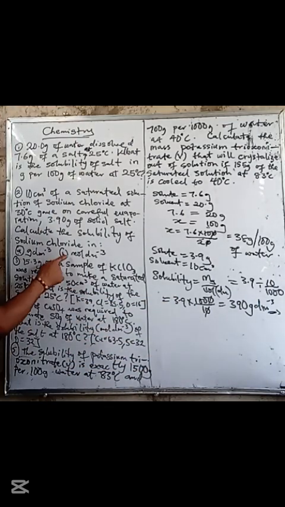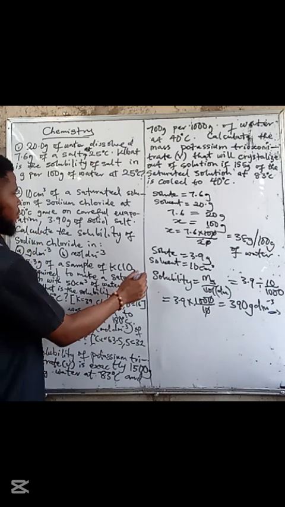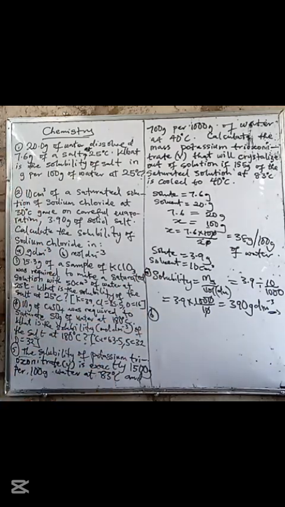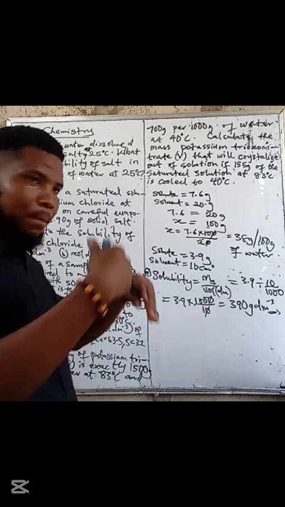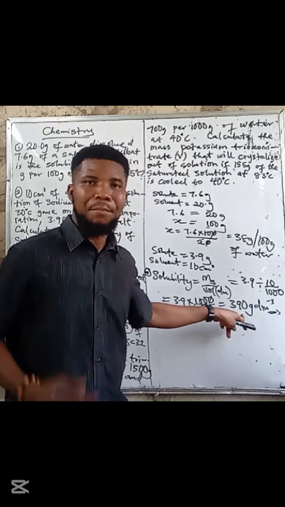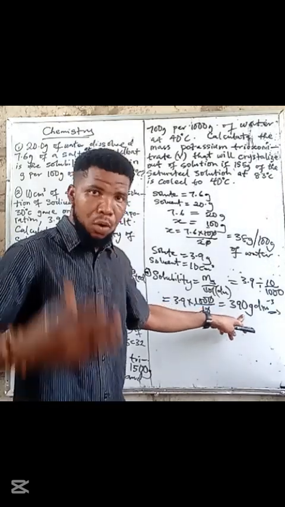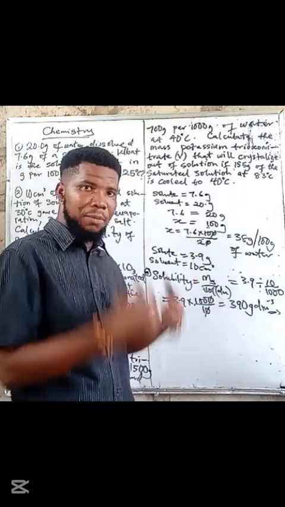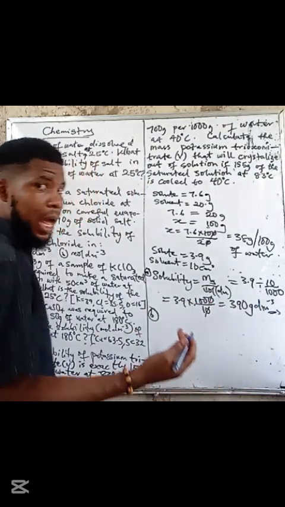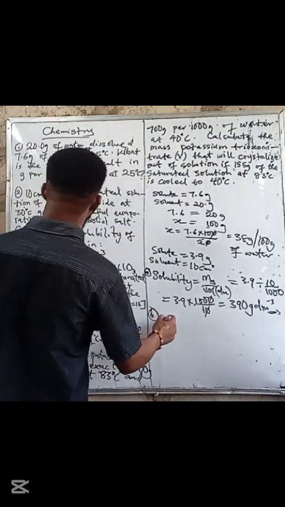Okay, let's do the one for, this is A, right? So let's do B, the one for mole per dm³. Now, when you talk of mole per dm³, this is in gram per dm³. All you need to do is divide this by the molar mass. That will now be mole per dm³ because mole is mass over molar mass. So if this is mass in gram per dm³, divide by the molar mass and you have your mole per dm³.